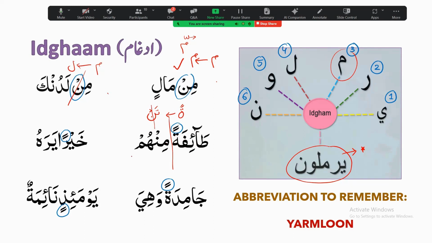We will skip this sound of noon sakin. So what is remaining here, right? The letter that remains here is ta fatha. So it means that we will say ta'ifatam. We will enter the sound of this ta which is remaining here. We will skip the noon sakin and we will enter the sound of ta into the meme that is there on the next letter.